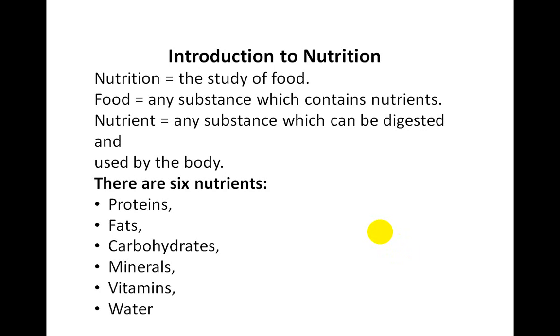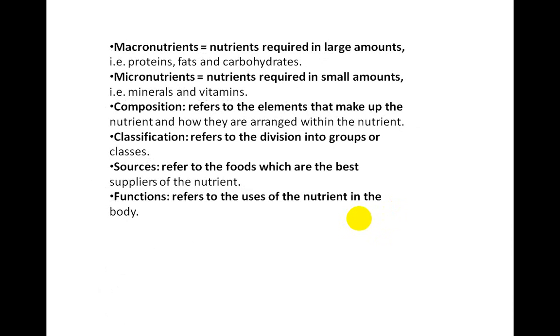There are 6 nutrients, which we call the classification of nutrients, and these nutrients are proteins, fats, carbohydrates, minerals, vitamins, and water. The foodstuffs contain what are known as nutrients, some of which have already been mentioned.